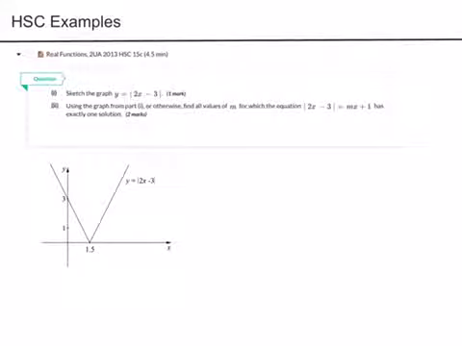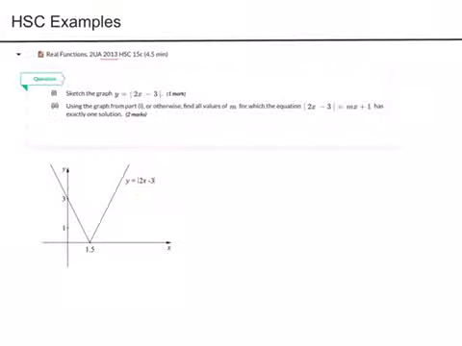The last question I'm going to show you is a challenging question that appeared in the 2013 HSC paper. It's quite near the end at question 15c, and it did challenge a lot of students in that cohort.